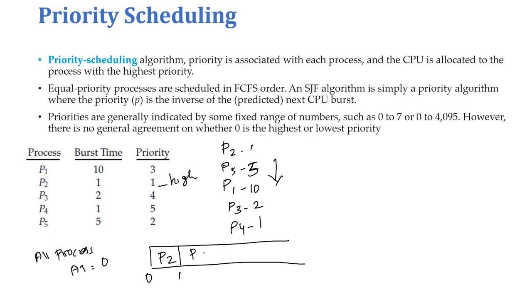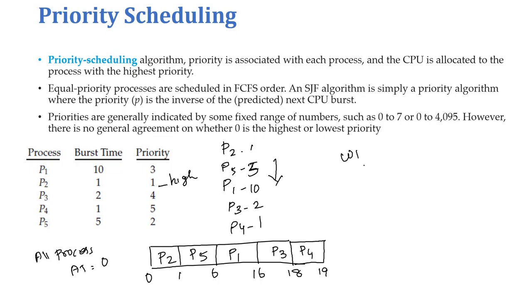The next process is P5, the burst time is 5, so it completes at 6. The next process is P1, the burst time is 10, so the completion time is 16, and then process P3, the burst time is 2, so the completion time is 18. Process P4, burst time is 1, the completion time is 19.